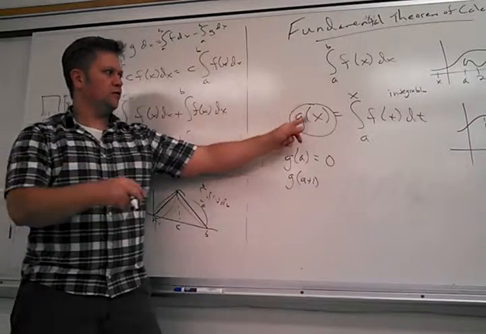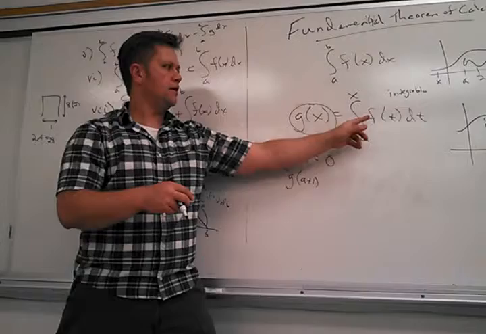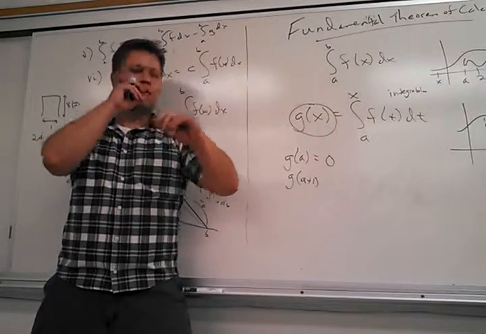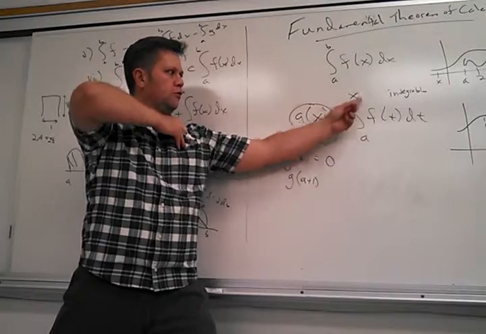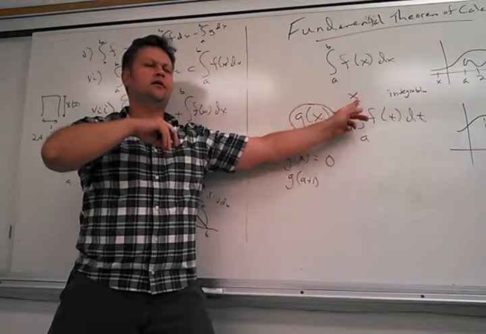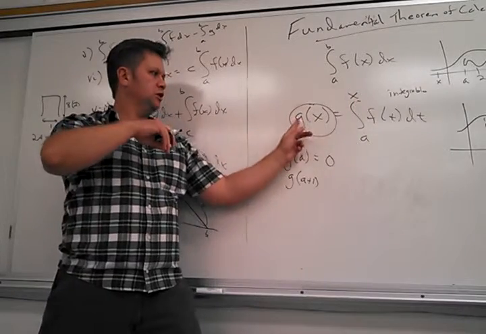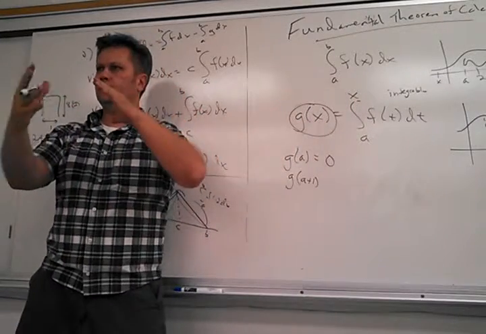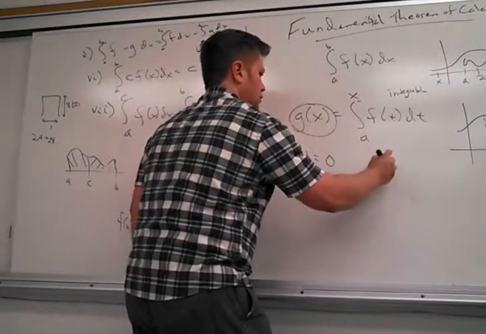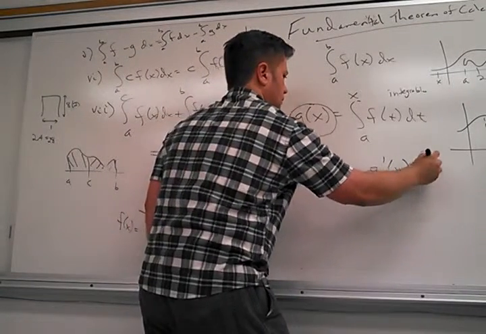So I've established a function that's built on an area of some other function. It's kind of neat. So I can do all the process we did earlier for this being from 2 to 7, and then from 2 to 8. So that would be g of 7, g of 8. Okay. So now I'm curious, what would g prime of x be?